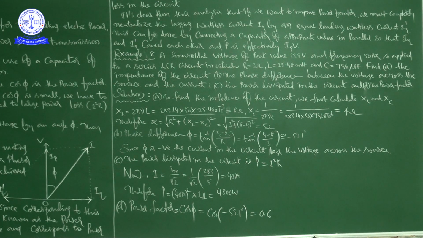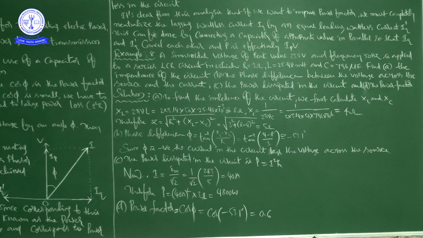A sinusoidal voltage of peak value 238 volts and frequency 50 Hz is applied to a series LCR circuit in which resistance is 3 ohms, inductance, capital L, is 25.48 millihenry, and capacitance is 796 microfarad. Full stop.